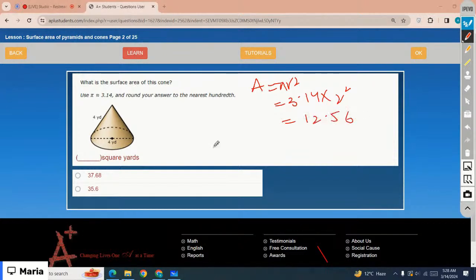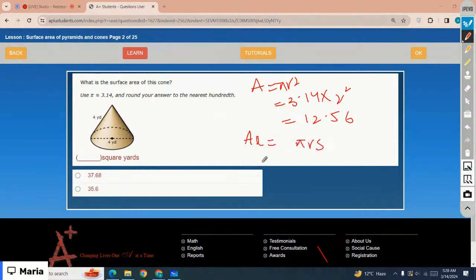Right? Now you have to calculate the area of the lateral face. You have to calculate the area of this triangular face, right? The area of the lateral face is pi r s.